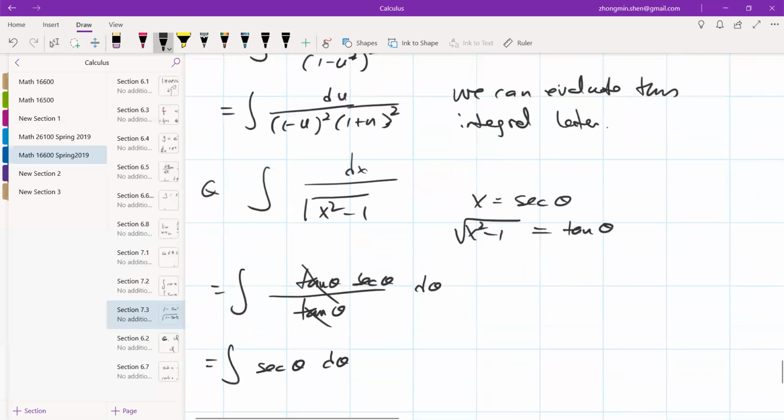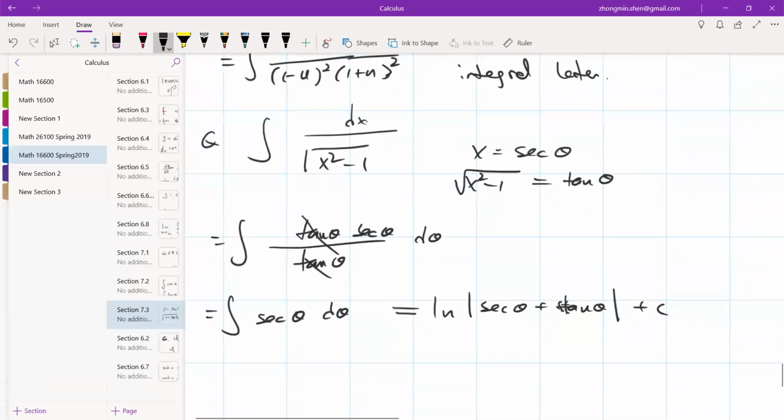Now, if you find the formula in the book, the integral of secant theta is the natural log of secant theta plus tangent theta, plus a constant.